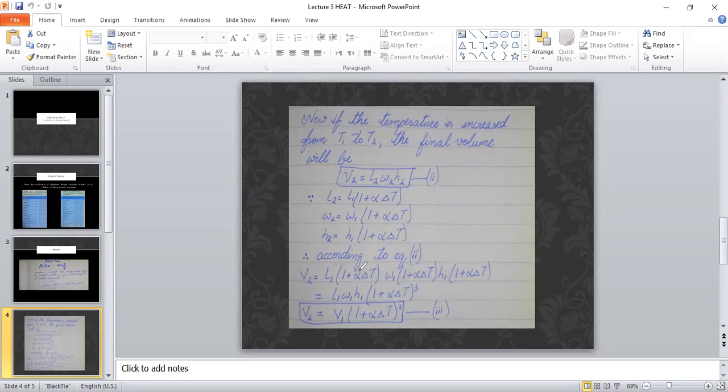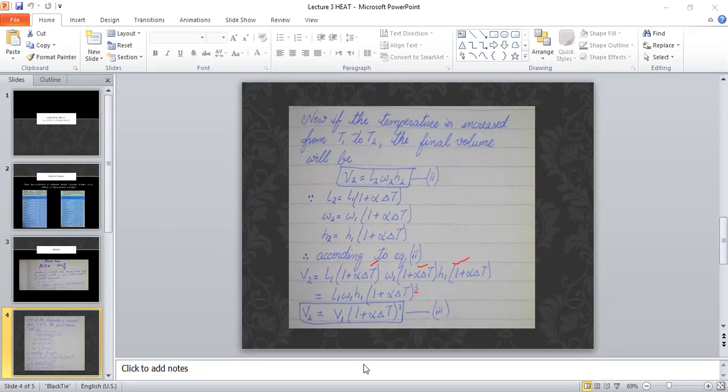We know that 1 plus alpha delta T is common here, here and here. We'll take them at one side, marking a power of 3 here. And L1, W1 and H1 would be taken at the other side. As we know that L1, W1, H1 is V1, which we just saw in our previous slide.